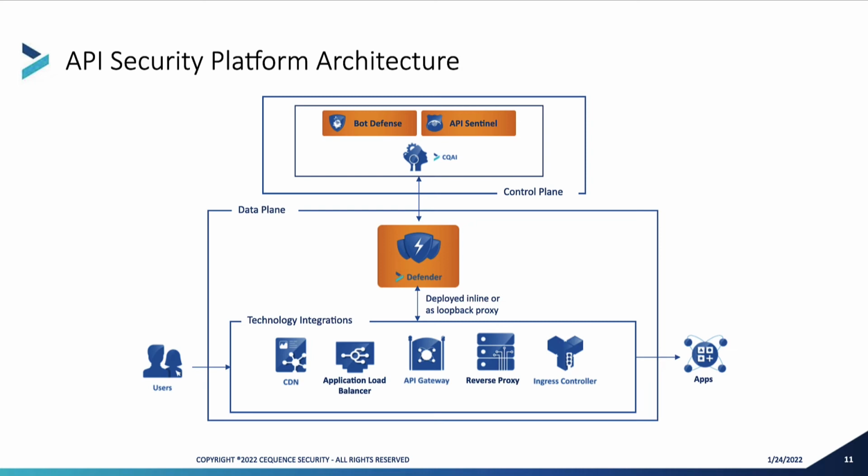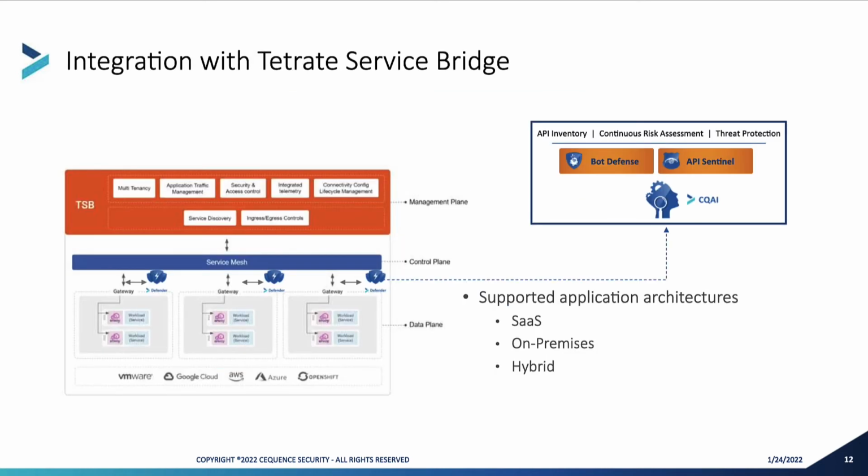So now, keeping this in mind, the componentization of the application, control plane, data plane, the way that we would then be deployed in Tetrate is as you see here. The Tetrate Service Bridge is deployed on the left side of the screen within the container environment.